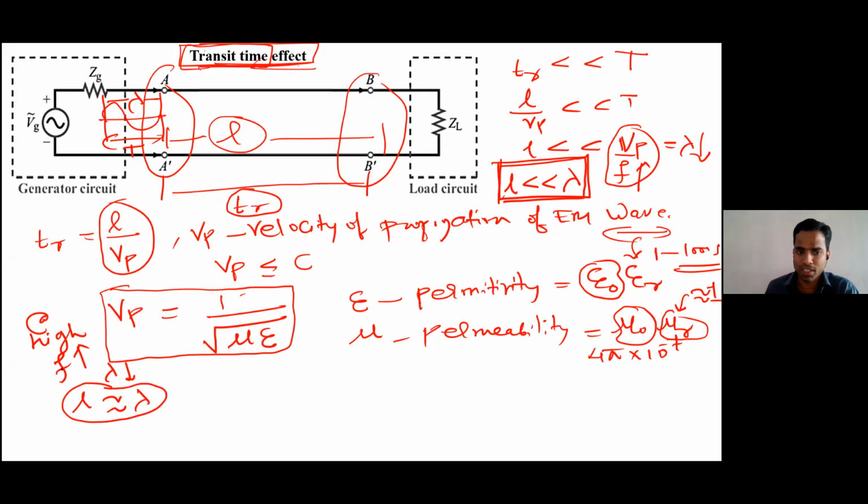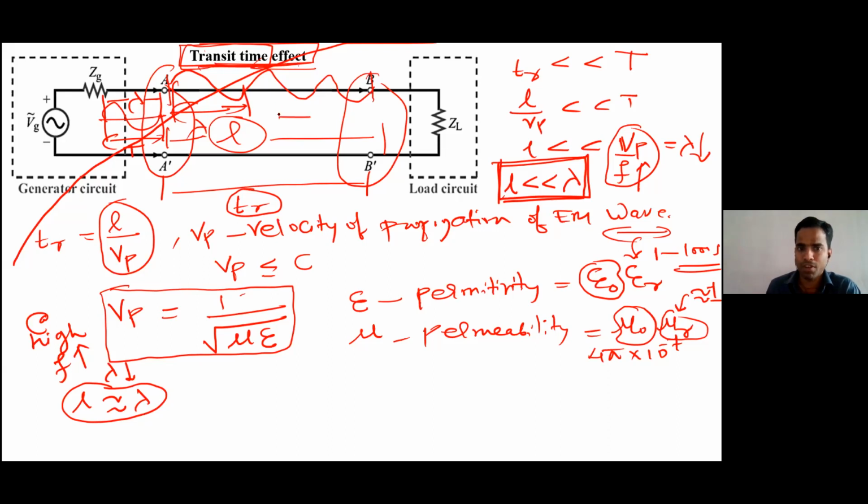Suppose this is your line, this much length, and your wave is like this, traveling like this. That means the wavelength of the wave is comparable with the line. But if your wave is like this, very large wavelength, your transit time is negligible in that case, right?